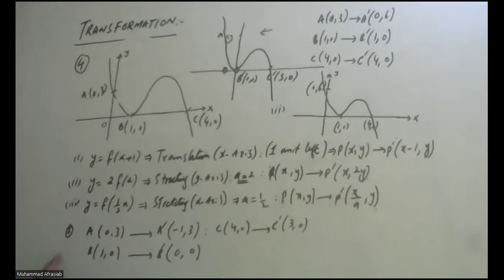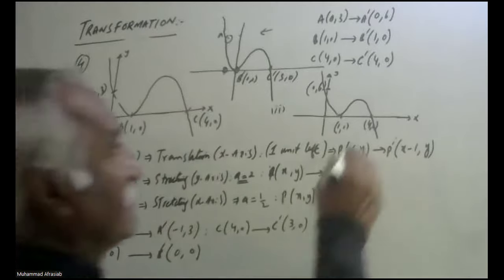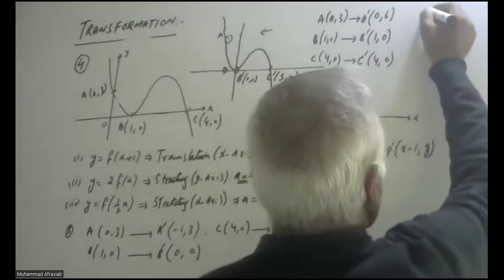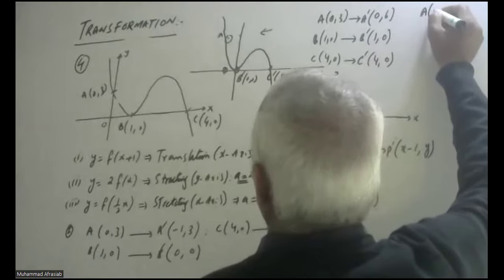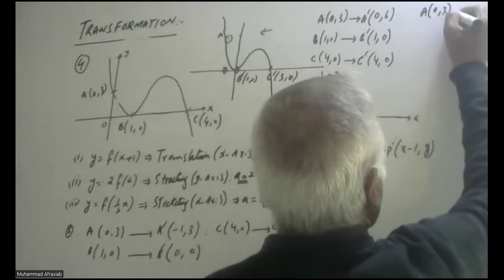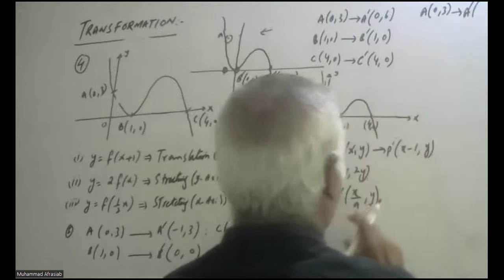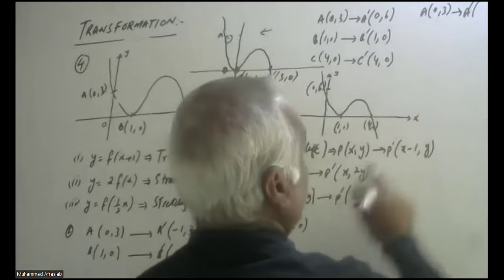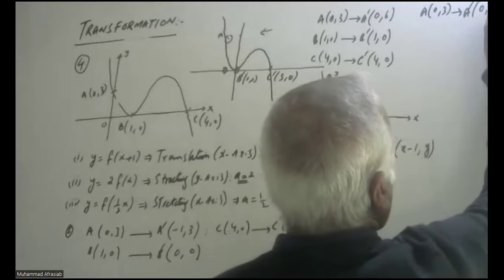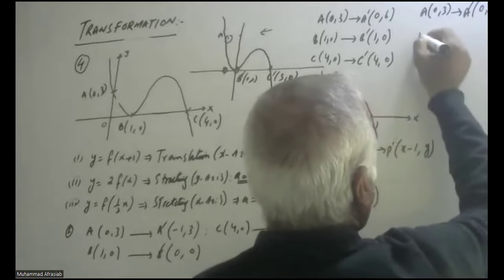So our scale factor is half. So we are going to make this transformation with respect to these points. A point is (0, 3). Now this will become A dash and it will be 0 divided by half, so that is equal to 0, and the 3 coordinate will be as it is.